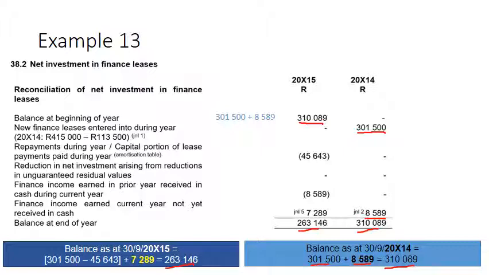However, in 2015, our closing balance was calculated as starting with 301,500 less the capital component of the first lease payment 45643 plus the 3 months interest that we accrued for 7289. So that means that the 8589 that was included in the closing balance in 20x14 should not be in our calculation for 20x15, and that is the reason why we have to now deduct it.